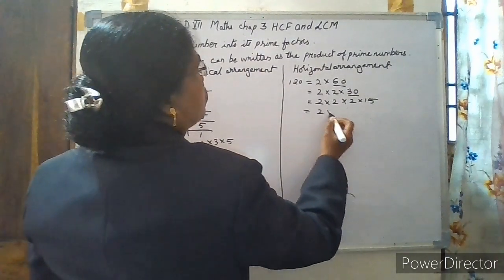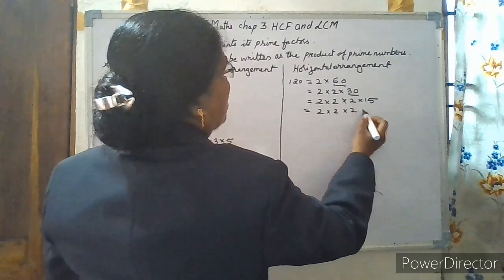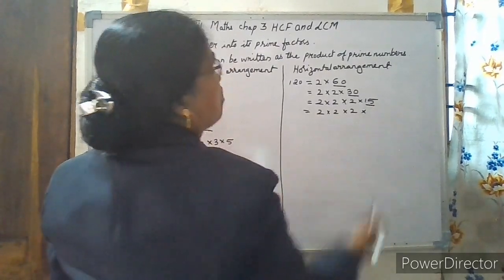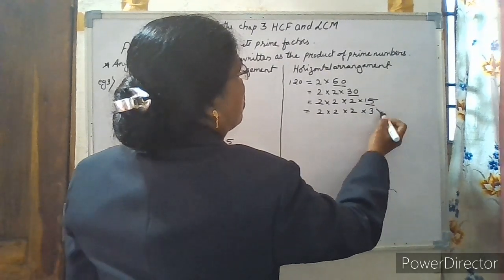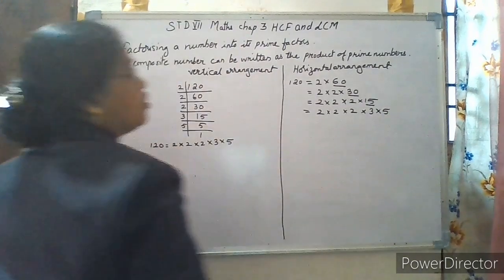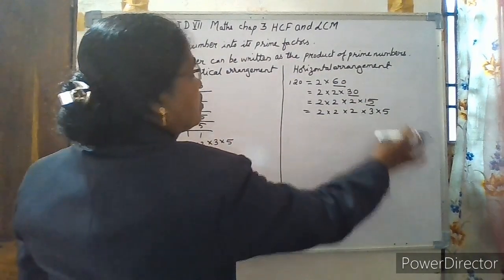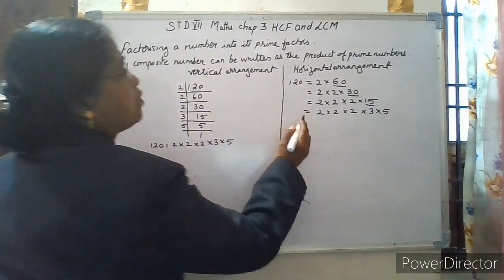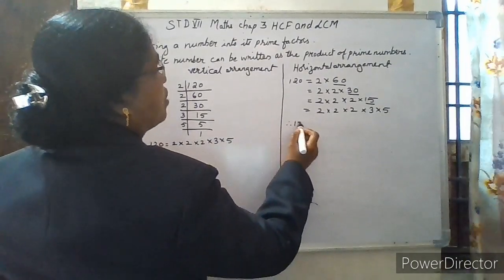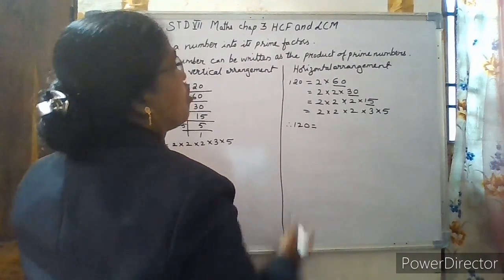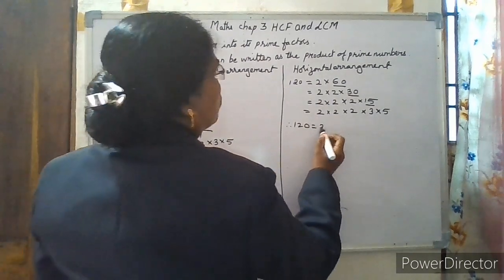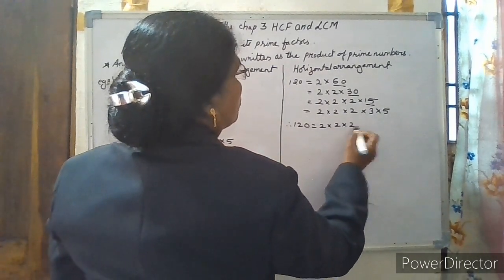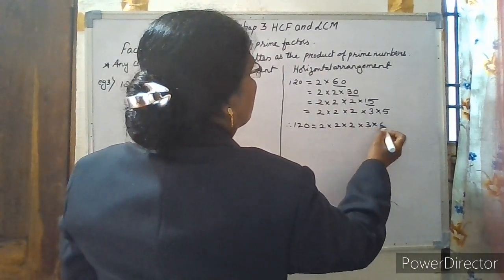This again 2 into 2 into 2 will remain as it is. 15 can be factorized as 3 5s is 15. So we got all the factors as prime numbers. Therefore the prime factors of 120 are 2 into 2 into 2 into 3 into 5.